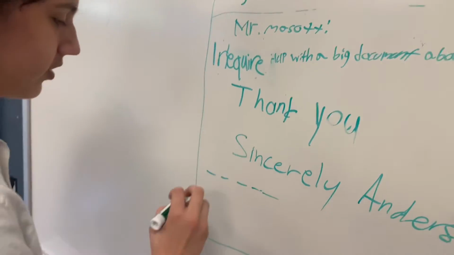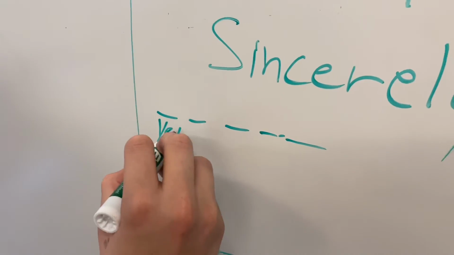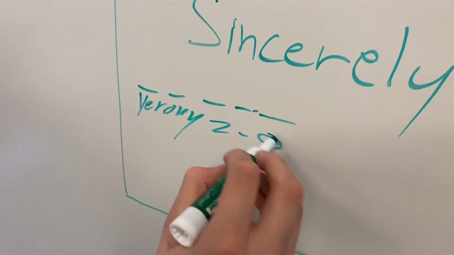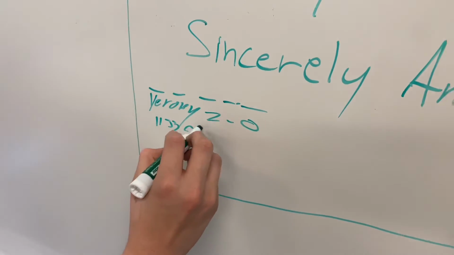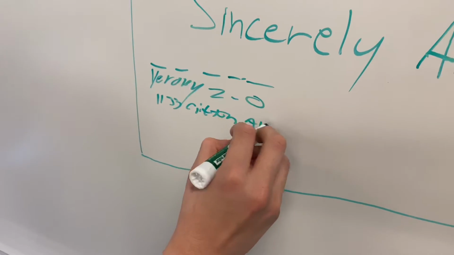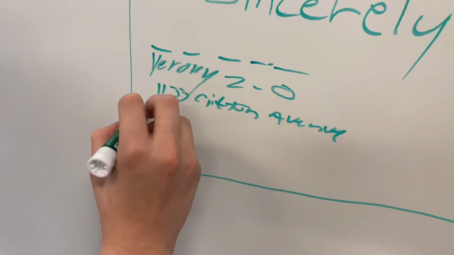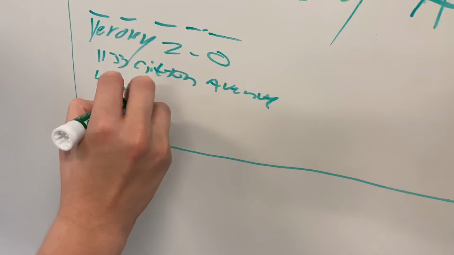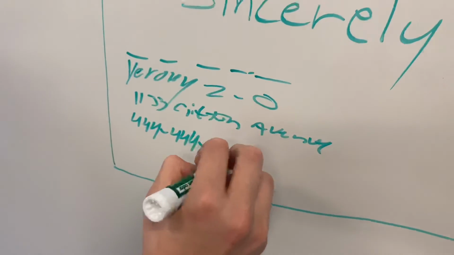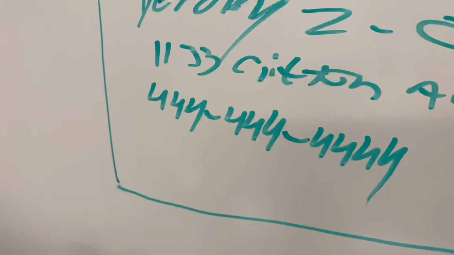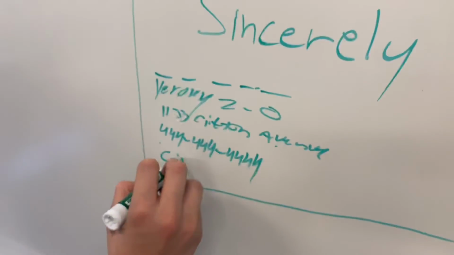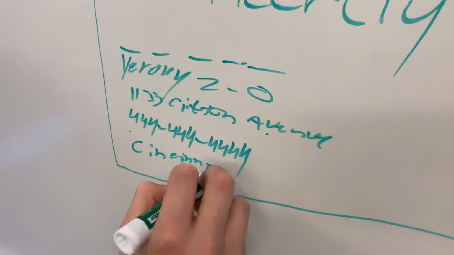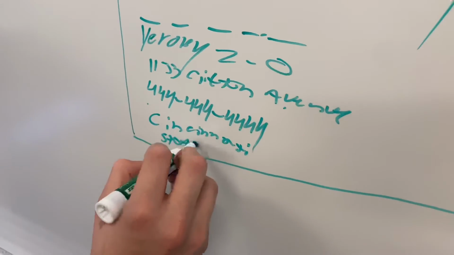A professional signature should always include your name, school's address, your phone number, for example, and also city and state and any other information that is required.